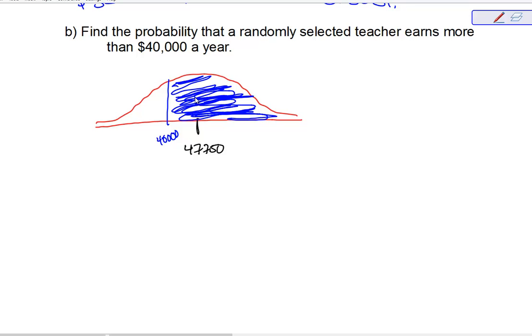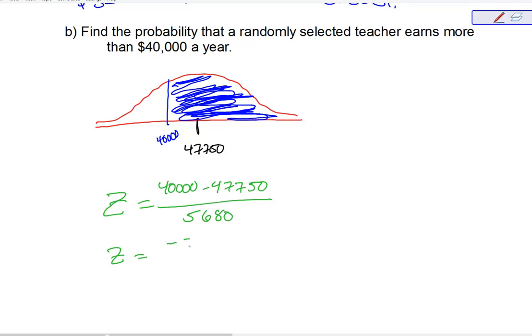So this time I want to change my $40,000 into a Z, and so I'm going to have Z is equal to 40,000 minus 47,750 divided by my standard deviation, which is still 5,680.